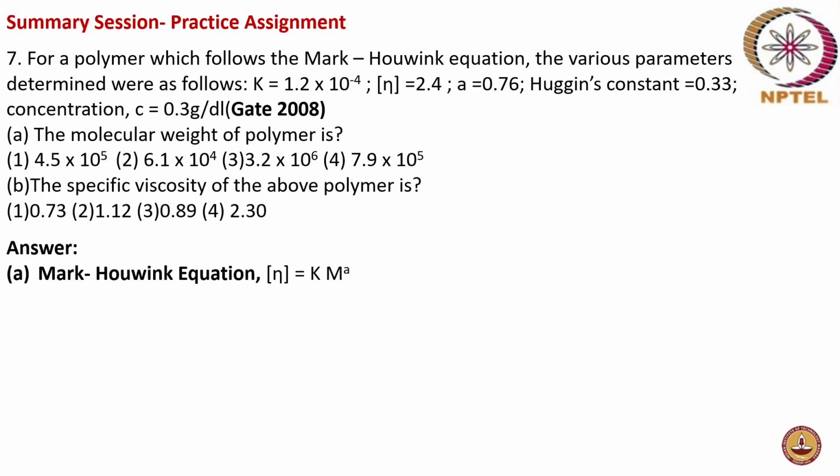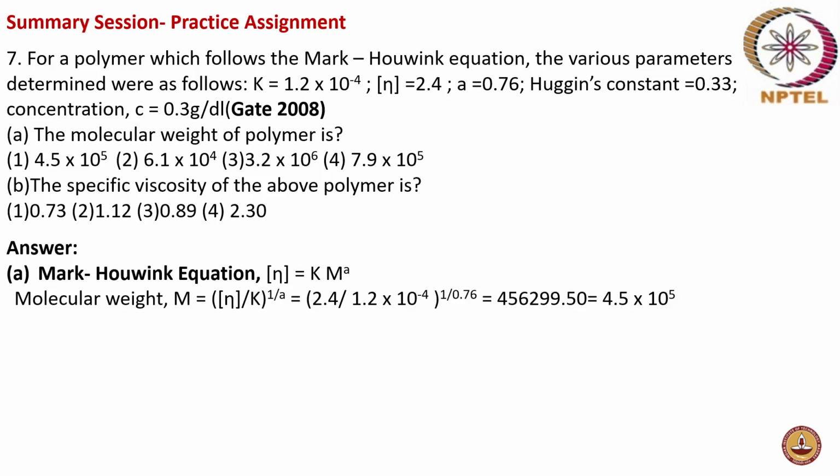Answer: the Mark-Houwink equation gives the relation between your viscosity and your molecular weight, which is given by eta is equal to K into M power A, where M is your molecular weight. They have given the value of viscosity, which is 2.4, the value of K, and the value of A. Just rearranging it, you can get the molecular weight.